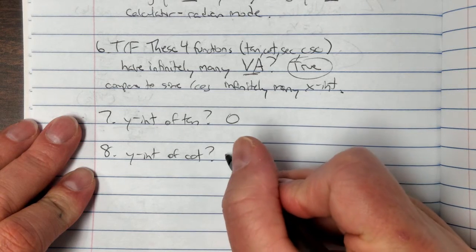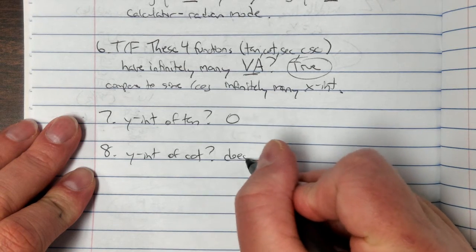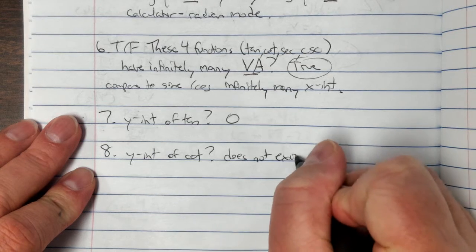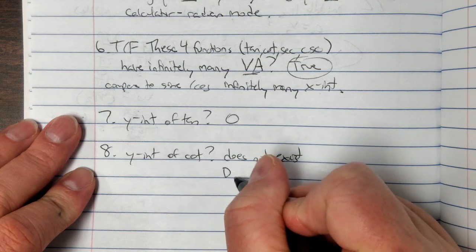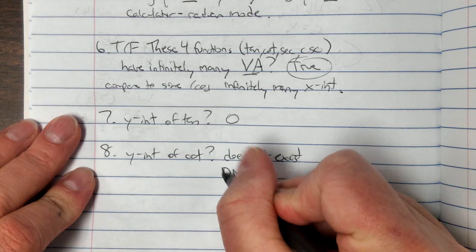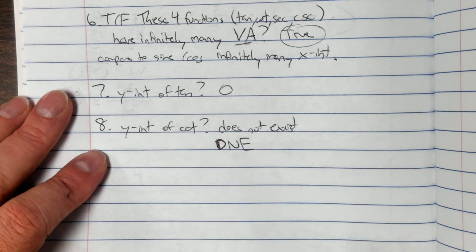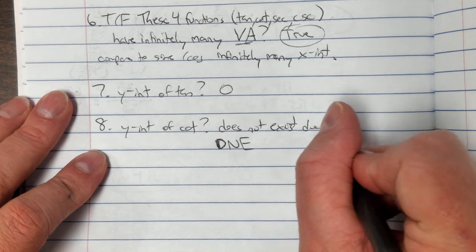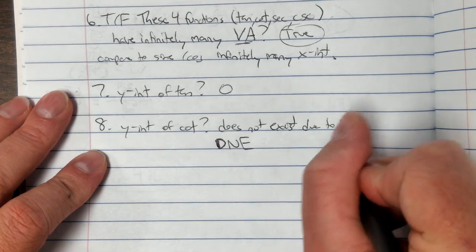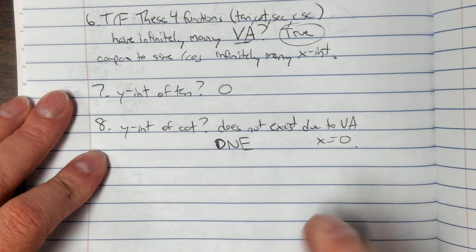That one doesn't exist. Does not exist. Or if you'd rather put D, N, E, that is a D, not a 1. D, N, E. You can do that. Due to a vertical asymptote at x equals 0.